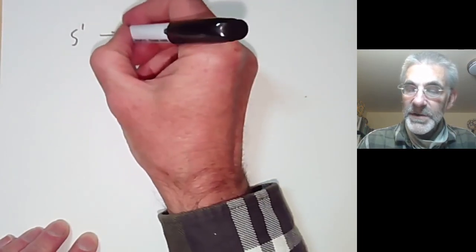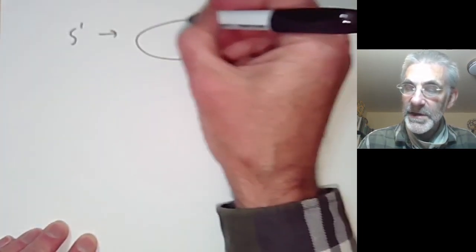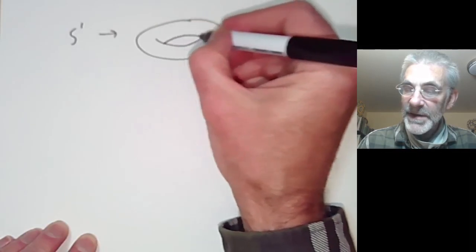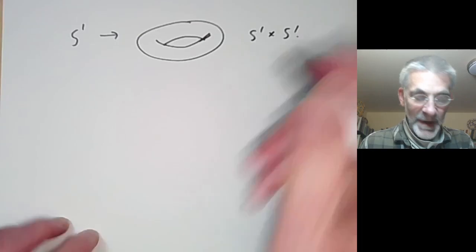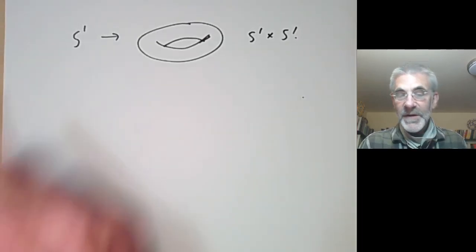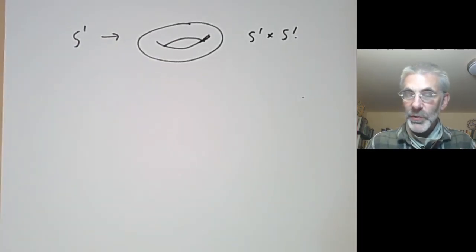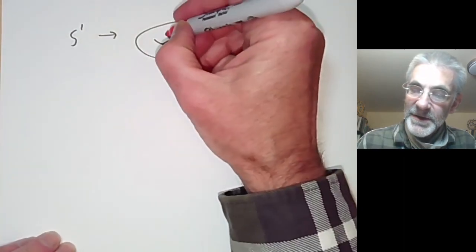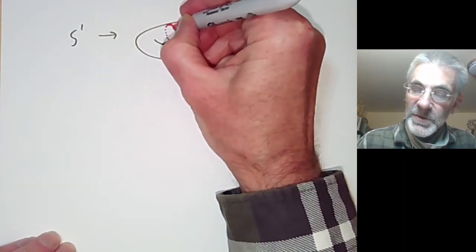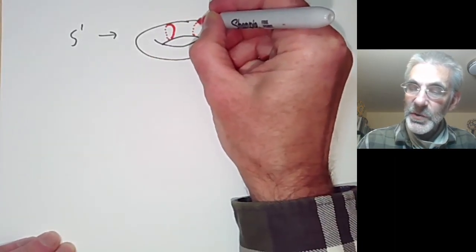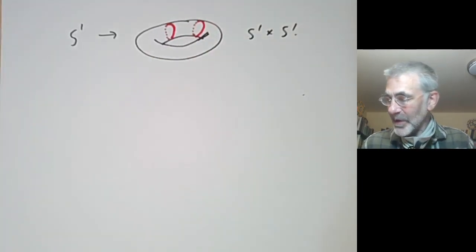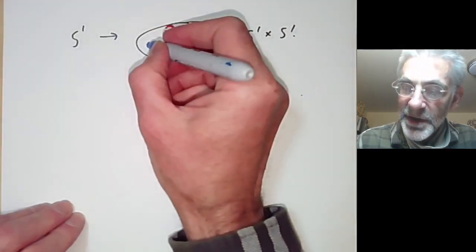Let's have another example. Suppose you're looking at maps from S1 to a torus. So a torus might look something like this. So it's actually isomorphic to S1 times S1. And you see there are several different ways you can map S1 to a torus. For instance, you could map it so that it kind of goes round the torus there, or it could go round the torus like that, or it could go round the torus in a completely different way.